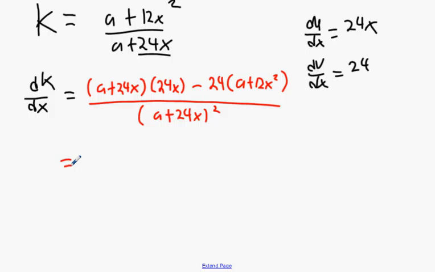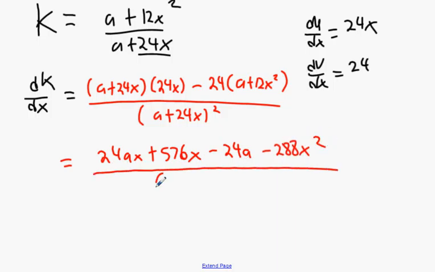Multiply now. 24x. What's 24 times 24? 576? So check it out for me. 576 minus 24a. What's that then? 288 x squared over this thing here. And what's that equal to, guys? 0, doesn't it?